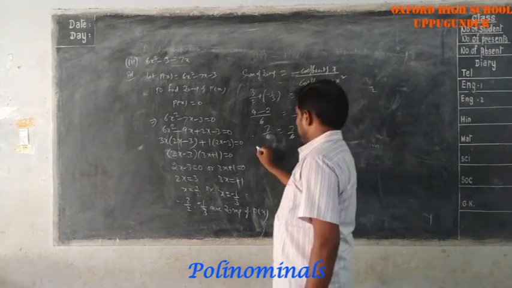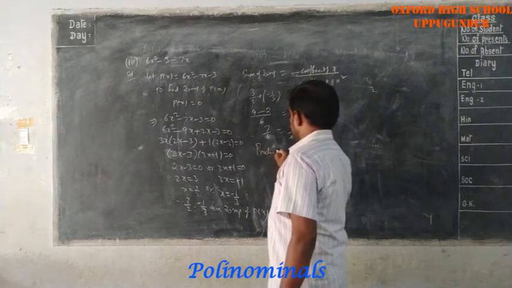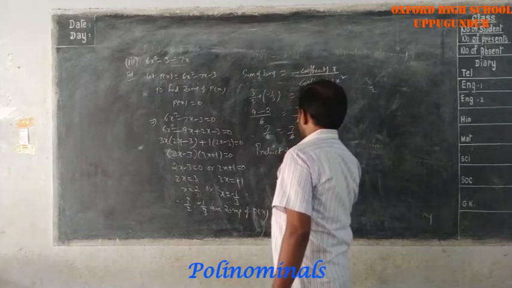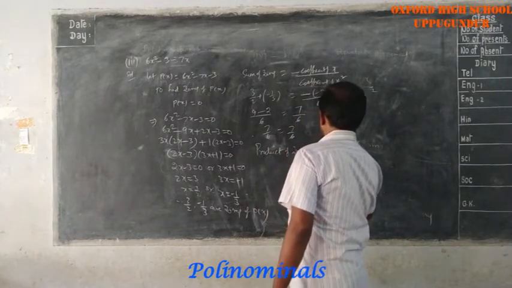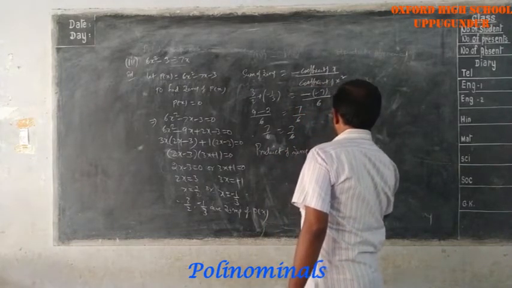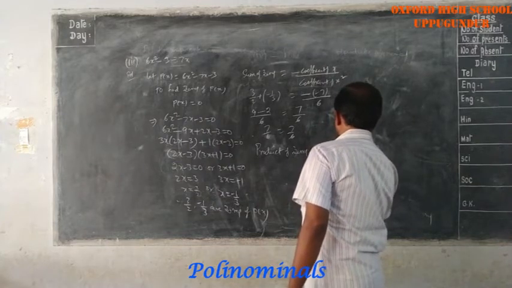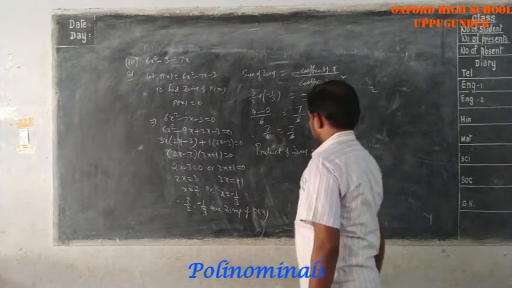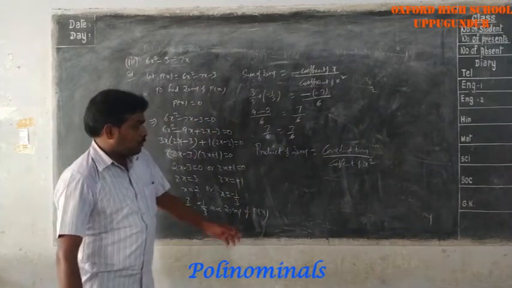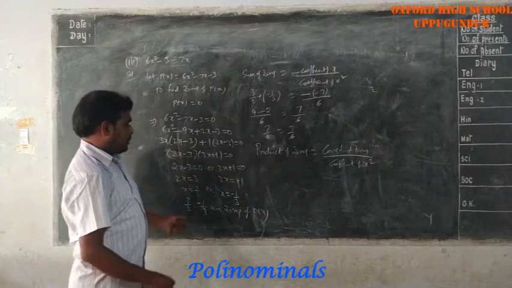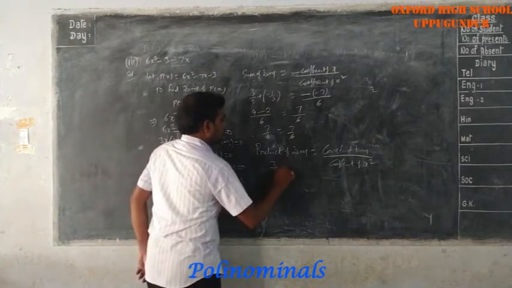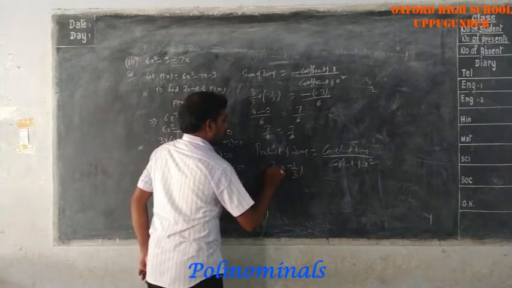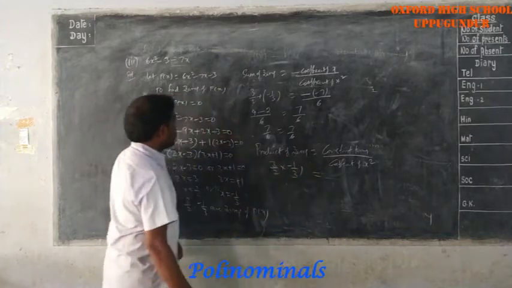Now product of zeros. Product of zeros equal to constant term by coefficient of x square. So what is product of zeros here? 3 by 2 into minus 1 by 3 equal to constant term.